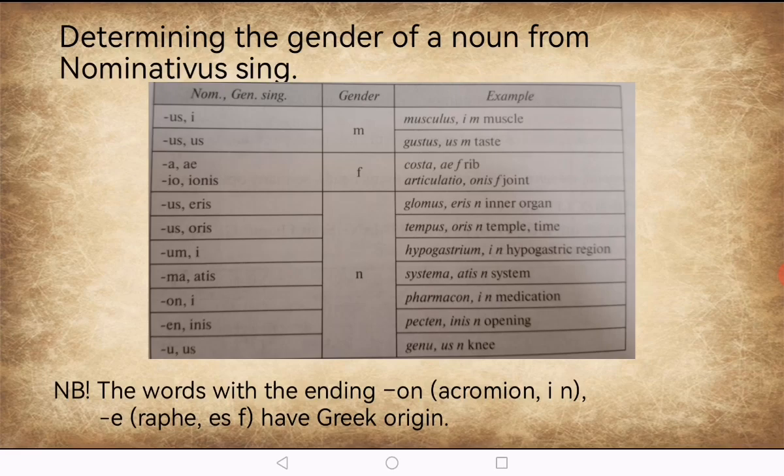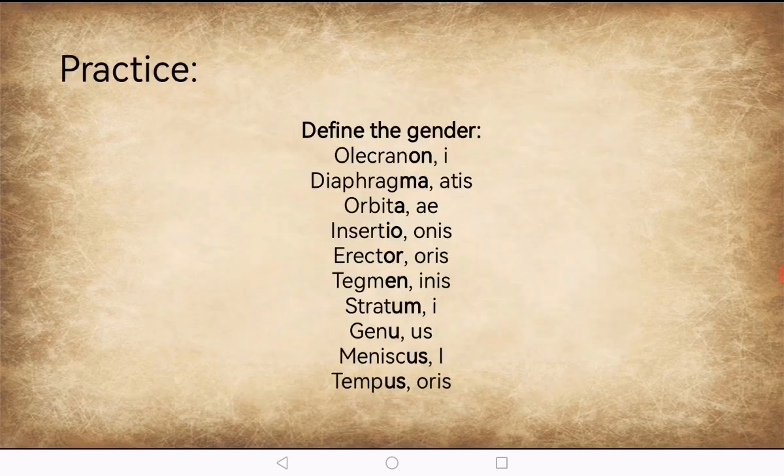You can see the translation of those examples on the slide. We have to understand that the words with the ending ON and the ending E, like acromion, acromii, neutrum; encephalon, encephali, neutrum; or rhaphe, rhaphes, femininum, have Greek origin.